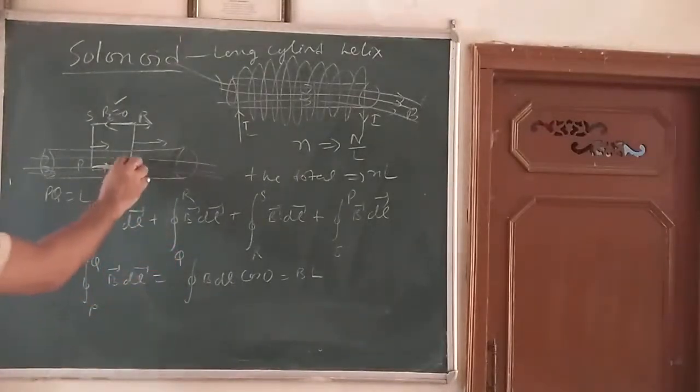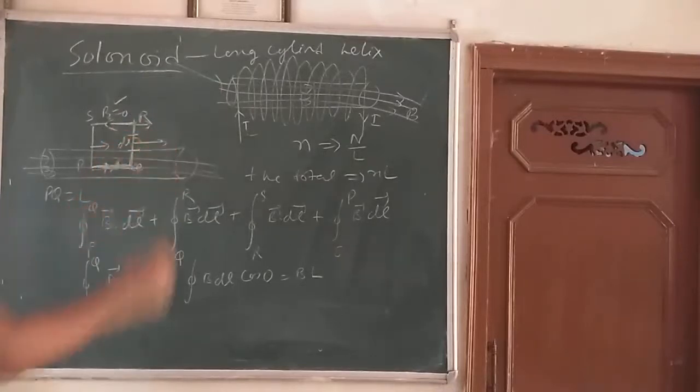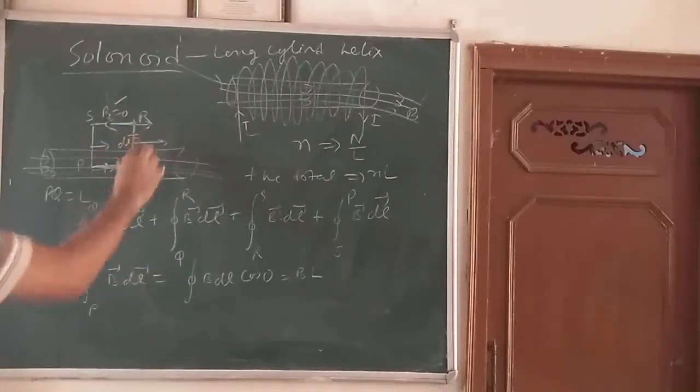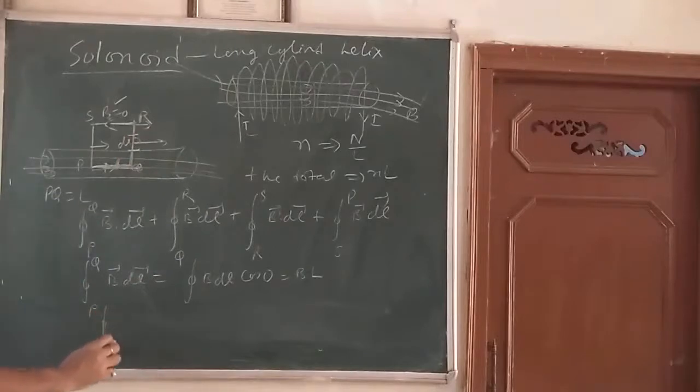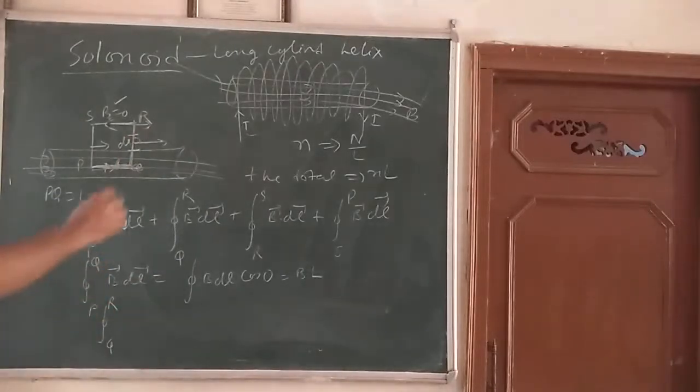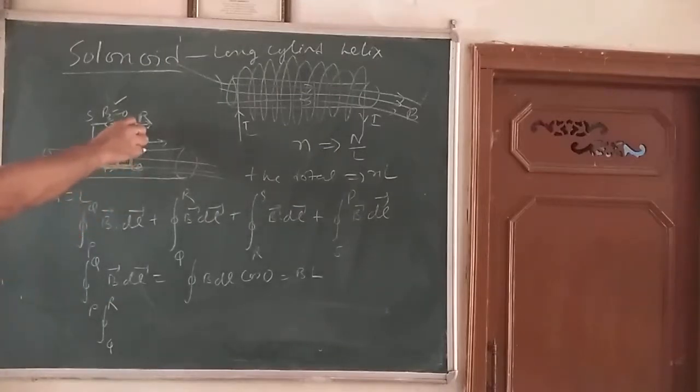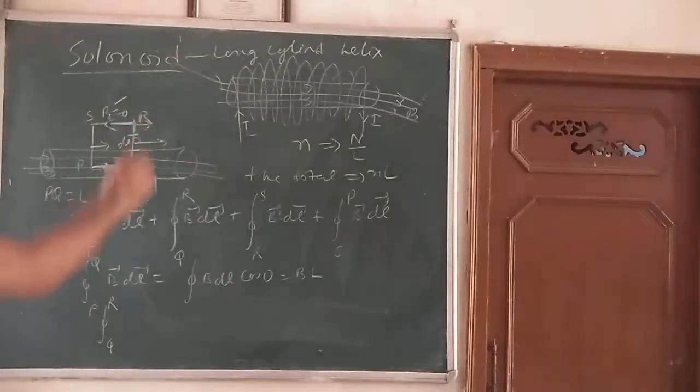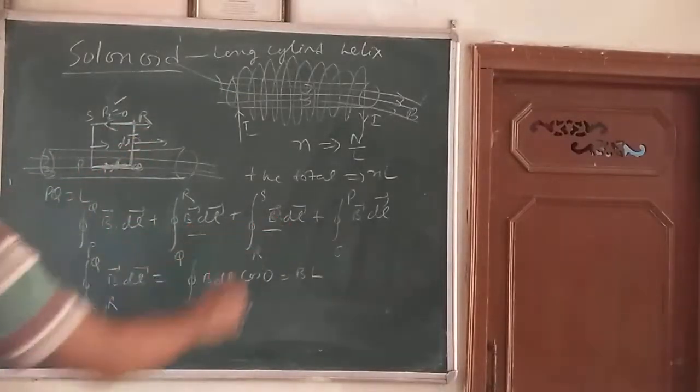For QR, the length element is in this direction and the magnetic field is in this direction. The angle here is 90 degrees. So from Q to R the angle is 90 degrees, here and here.